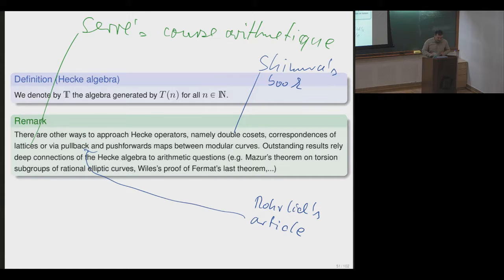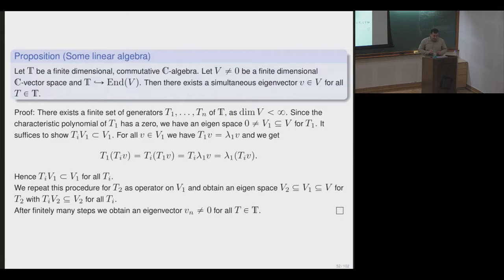Okay, so we have this Hecke algebra here, and now we do some little linear algebra. If you have a finite commutative C-algebra, and if this can be embedded into the endomorphisms of a finite dimensional vector space, then you will find a simultaneous eigenvector for all of these operators.